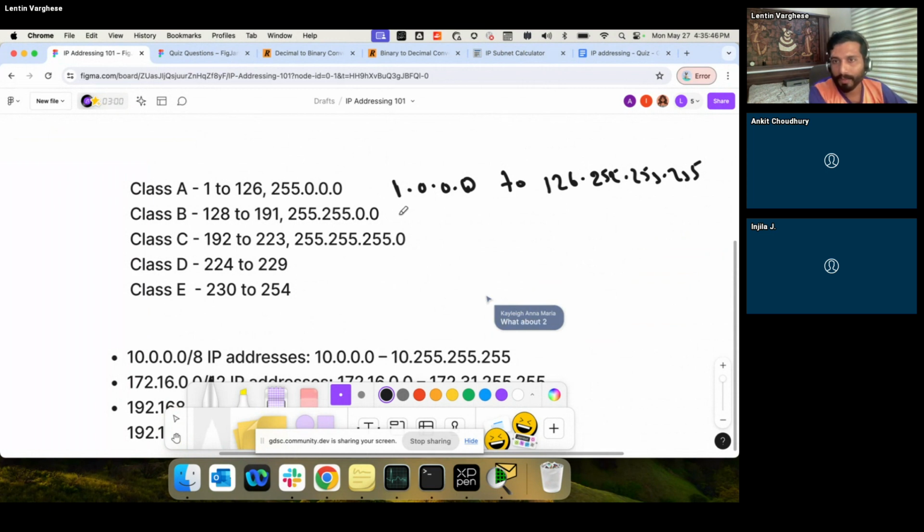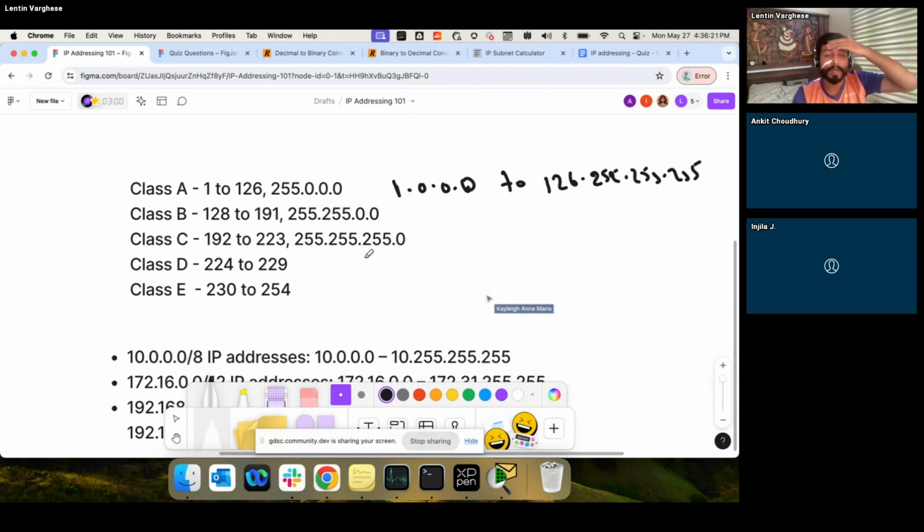I hope you got it. Sorry, what about 127? Hey, excellent, fine. That was my next question. Did you see that 127 is missing here? It's because 127 is used for a purpose called loopback. Again, I have a section meant for special IP addresses. We will talk about the loopback IP address in that section. But excellent find. You have attention to detail. Cool.